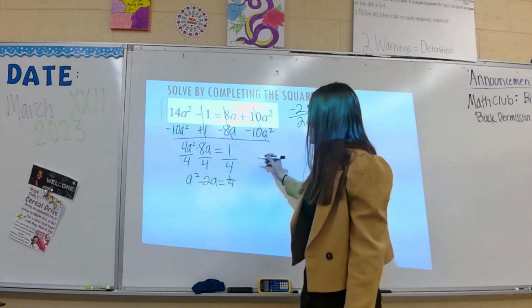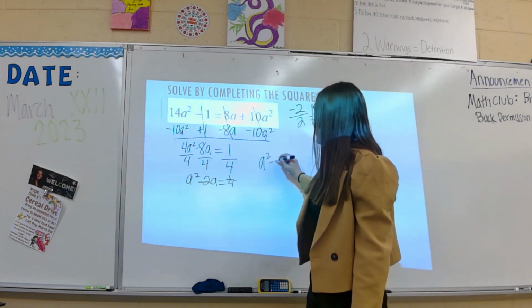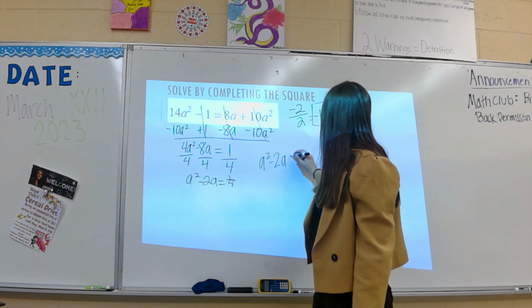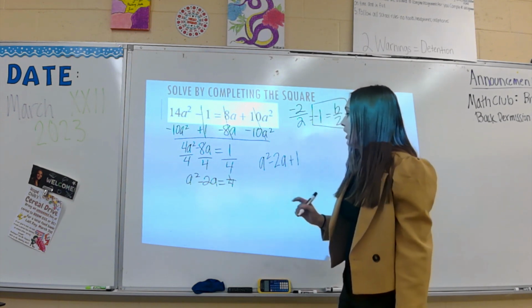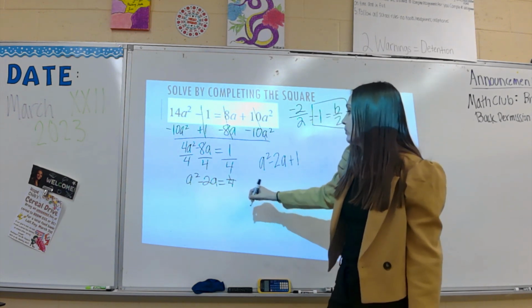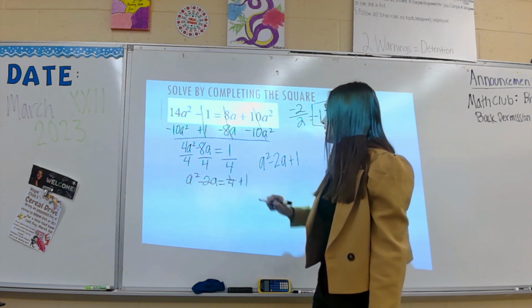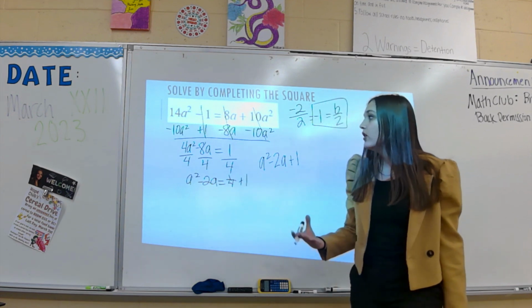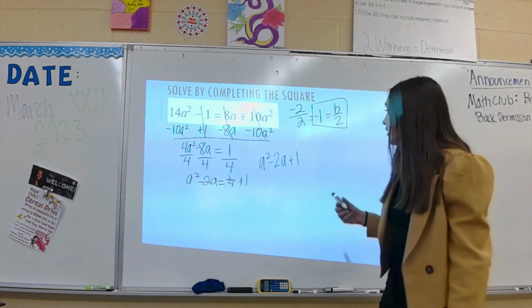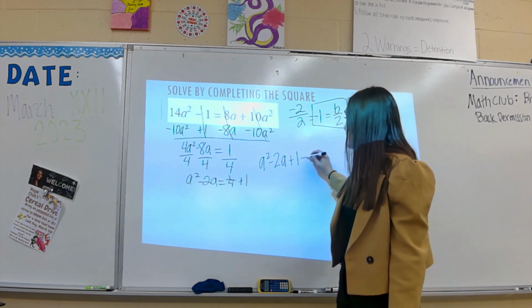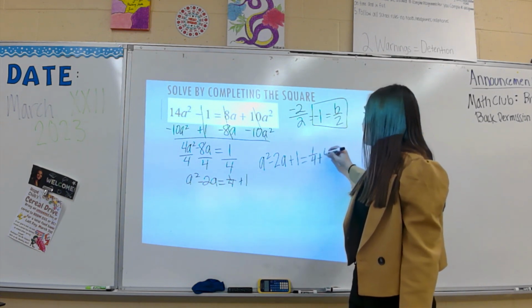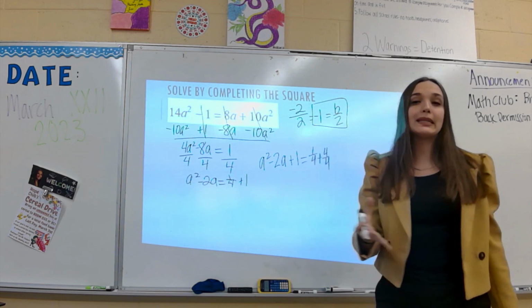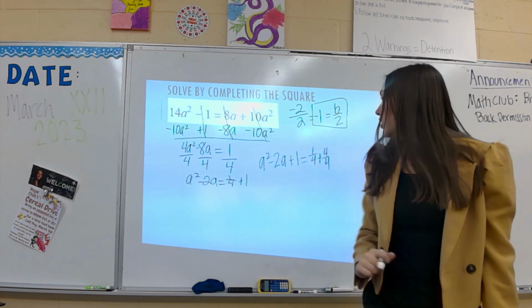So on this side, it becomes a squared minus 2a plus 1. On the other side, we have to add 1 as well. So if I add 1 to this side, that's the same thing as adding 4 divided by 4. So I'm going to do equals 1/4 plus 4/4, just so I can easily combine those terms.